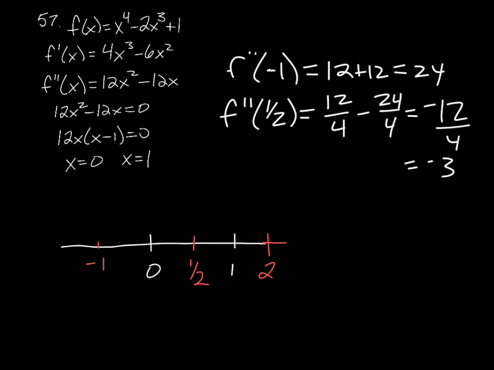And so we did go from positive to negative at 0. So now we're saying, okay, 0 here is an inflection point. And so now we can kind of talk about where it's concave up and concave down.